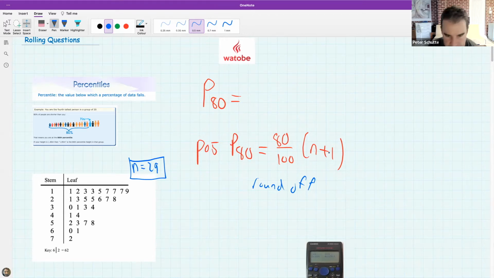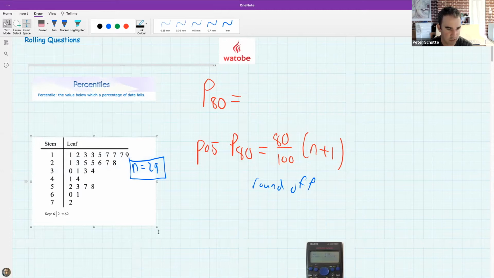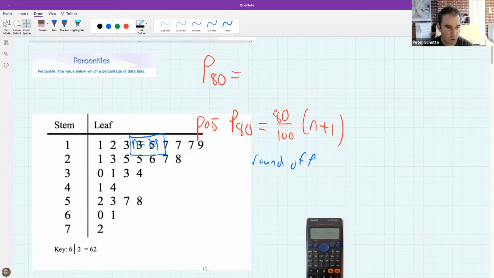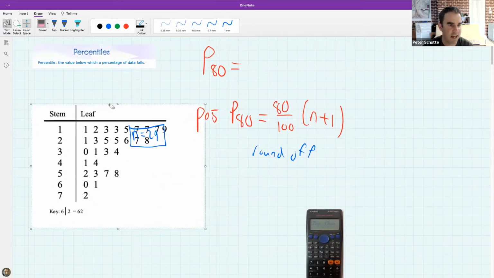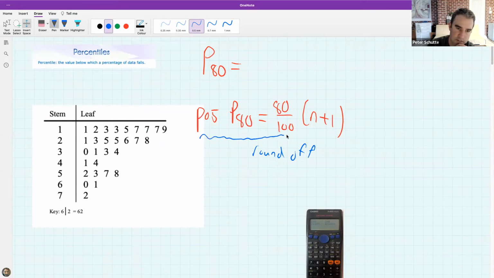Okay, let's start with that. For the data set on the board right now, what is the 80th percentile? I want you to work that out for me, and know that you have to start with finding the position of the 80th percentile, and then go from there.